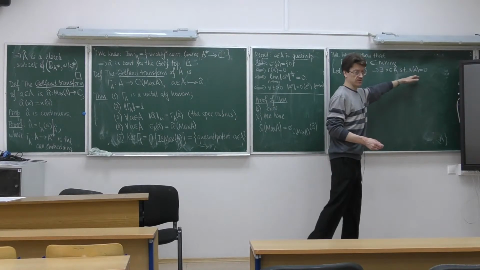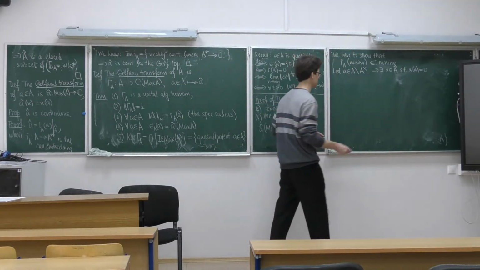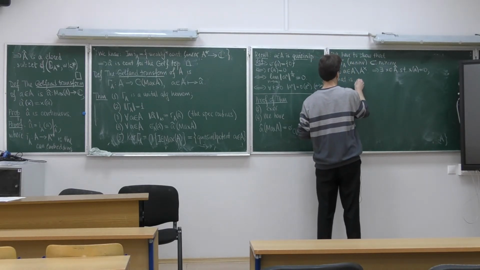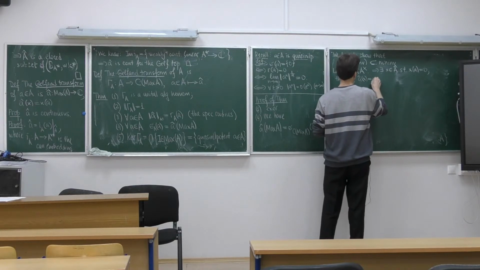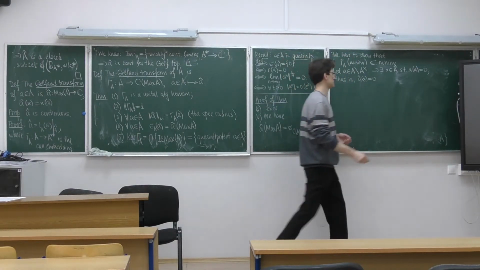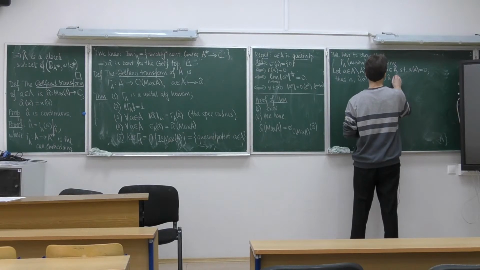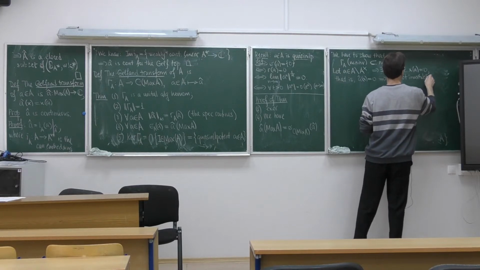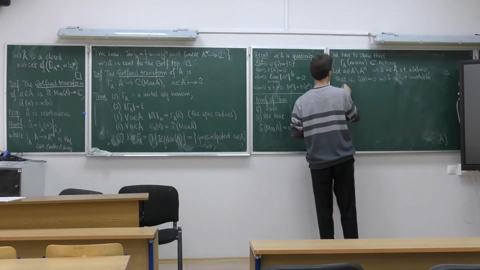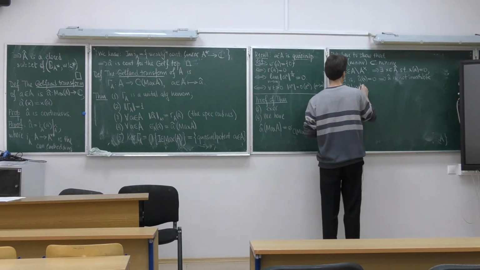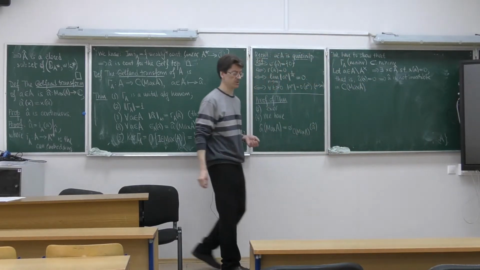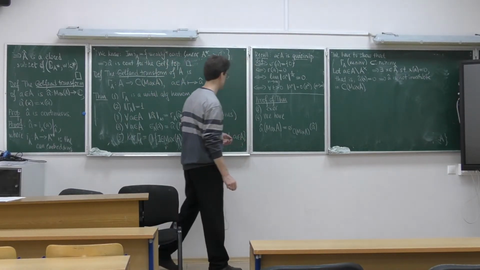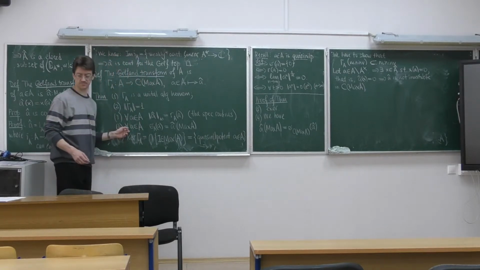But this means actually that the Gelfand transform a hat vanishes at x. So a hat is not invertible in the algebra of continuous functions. And this completes the proof of part 4. So we have proved that gamma takes non-invertibles to non-invertibles, and this is equivalent to property 4.